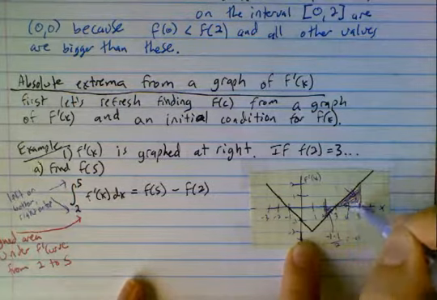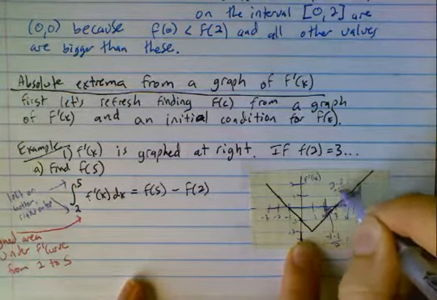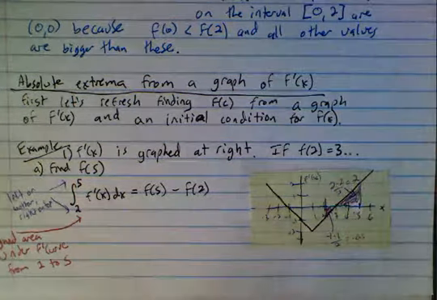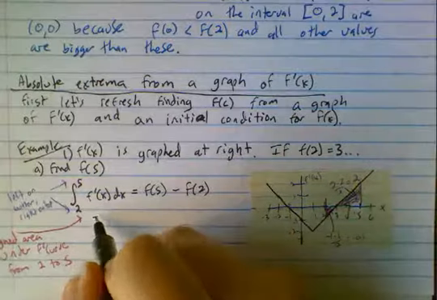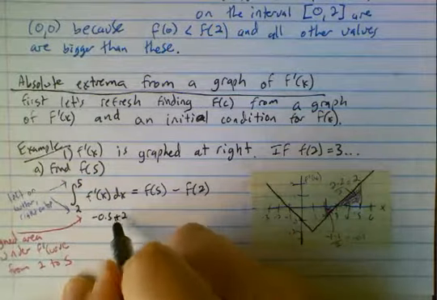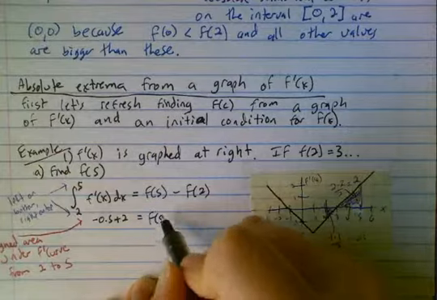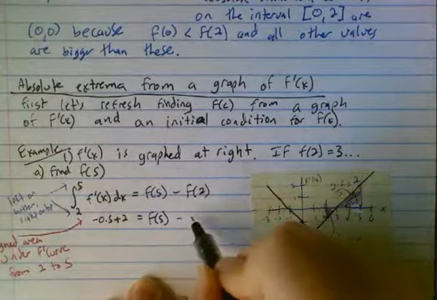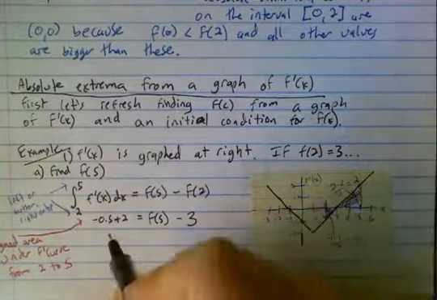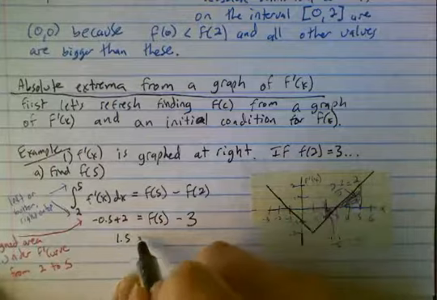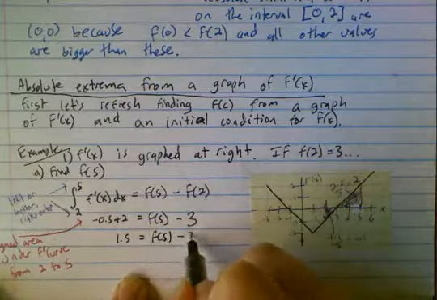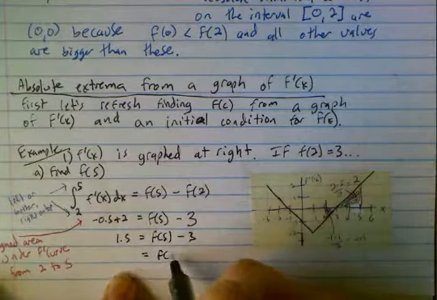And this is 2 by 2 divided by 2, or 2. So this is going to be negative 0.5 plus 2. f of 5 we want to know, and f of 2 we're told is 3. So if we add this up, this is 1.5. Add 3 to both sides.